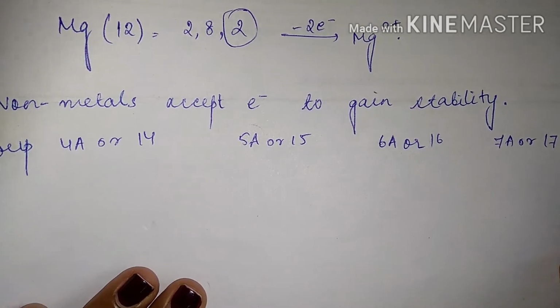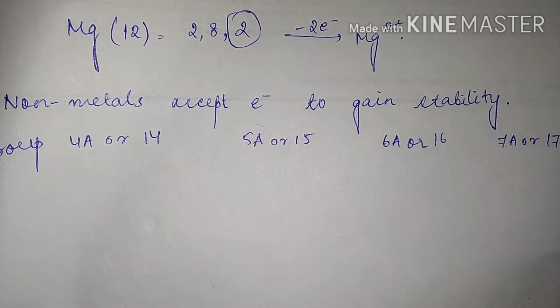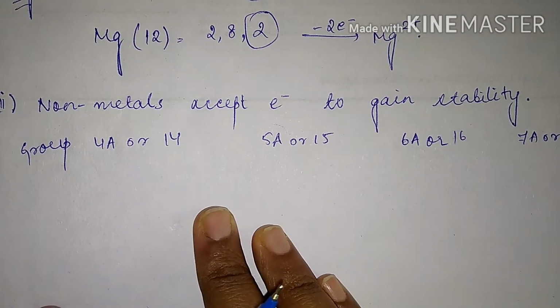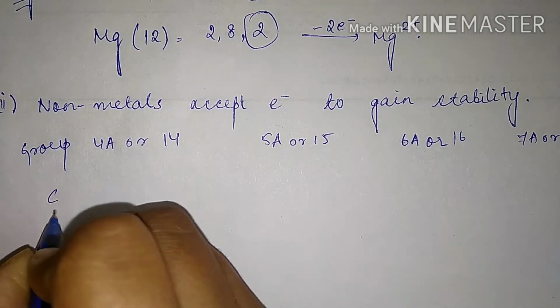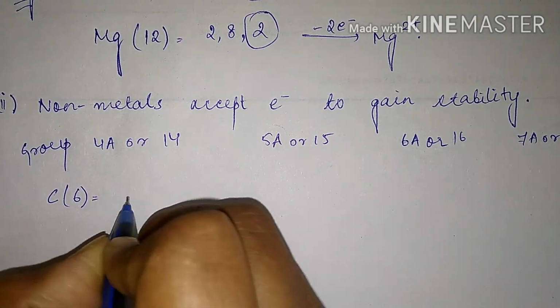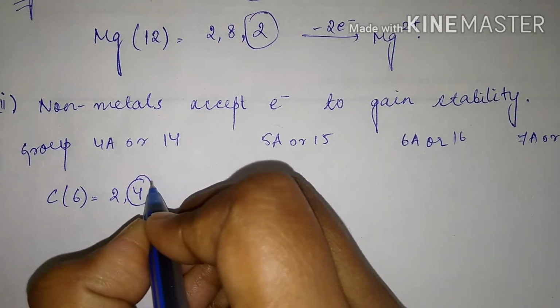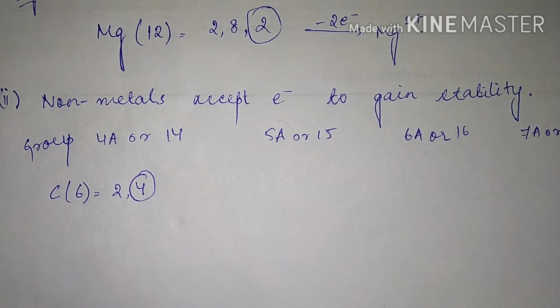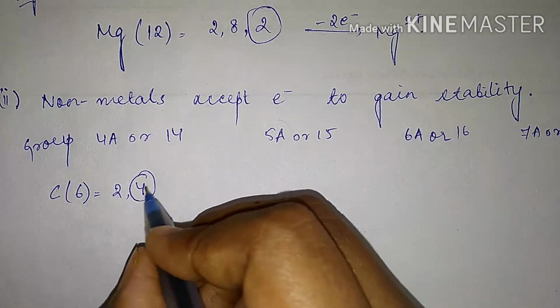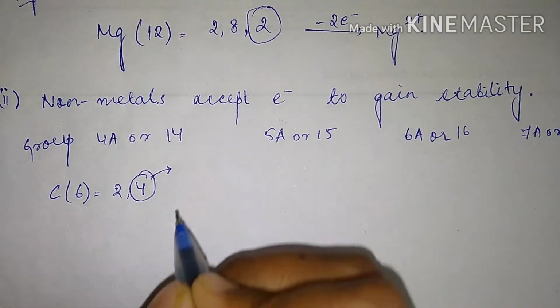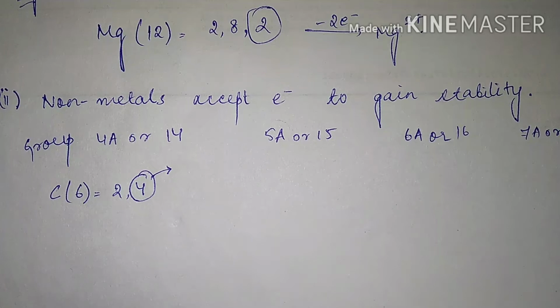We take the example of an element from group 4a, carbon, with atomic number 6, electronic configuration 2, 4. As there are 4 electrons in the last shell of carbon, obviously it cannot donate away its 4 electrons, it has to accept 4 electrons to gain stability.